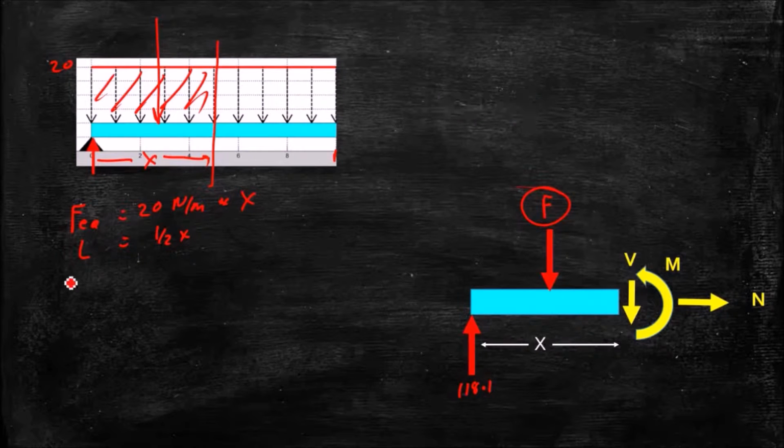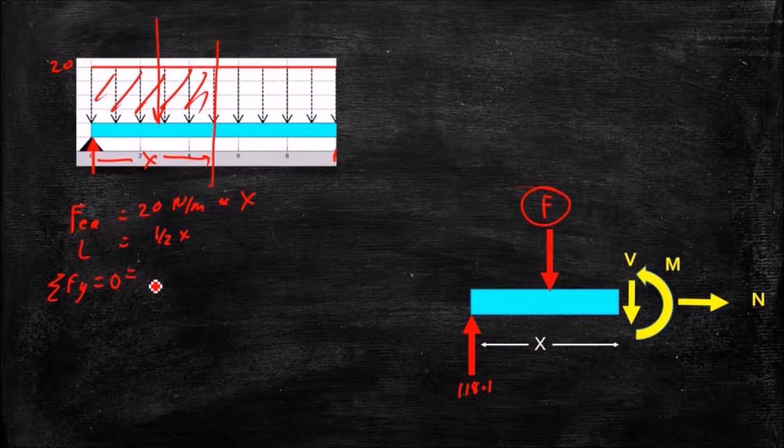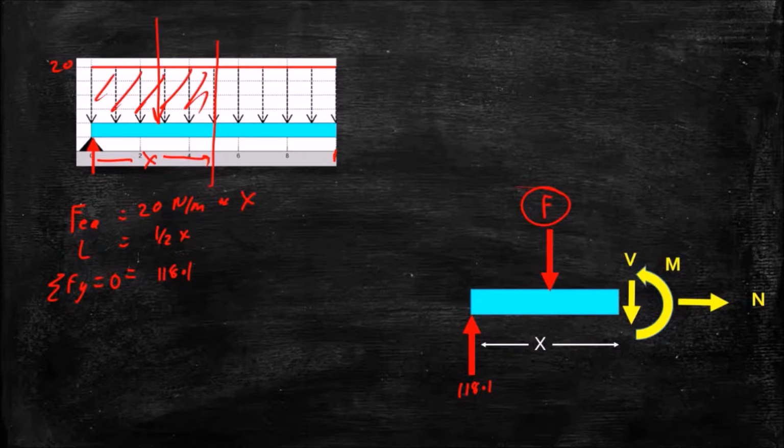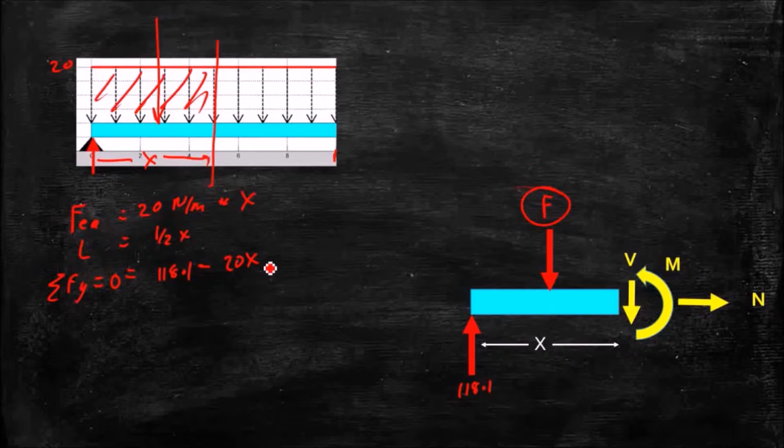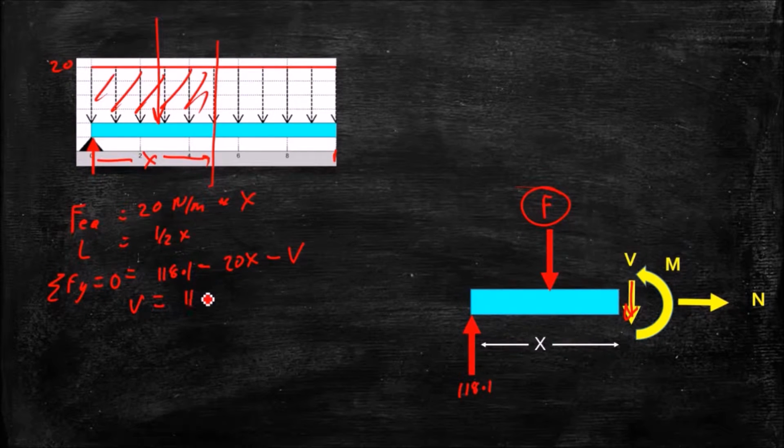So to find the shear forces, we'll look at the sum of the forces in the y direction, which have to be equal to 0, and that's going to be equal to our 118.1, which is upward, minus our force from the rectangle, which is minus 20x, and minus our shear force, which we have shown drawn down, minus v, and I can solve for v, and I get v equals 118.1, actually equals negative 118.1, plus 20 times x.